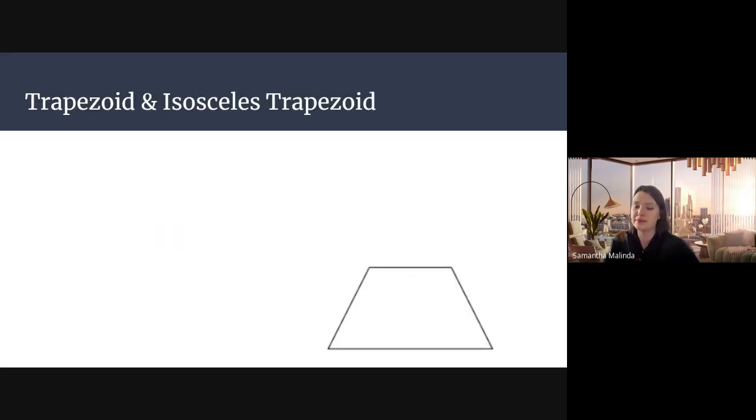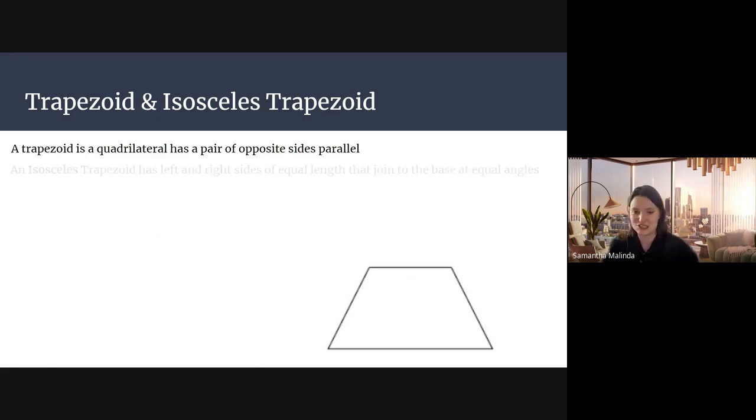And let's talk about trapezoid and isosceles trapezoid. We're going to put these together because there's only really two differences that make the isosceles more specific. The trapezoid has a pair of opposite sides that are parallel. They are called the bases. It's the top and the bottom. That's true for the isosceles too.